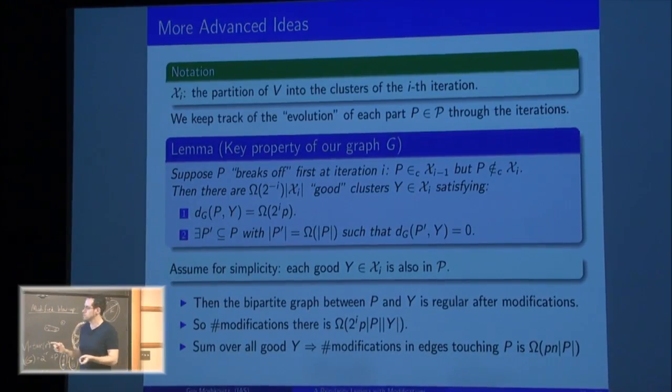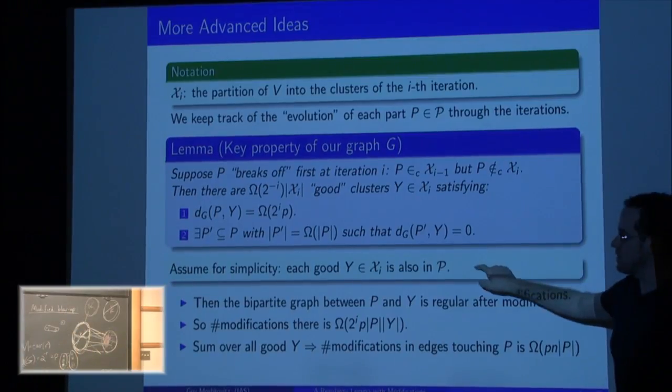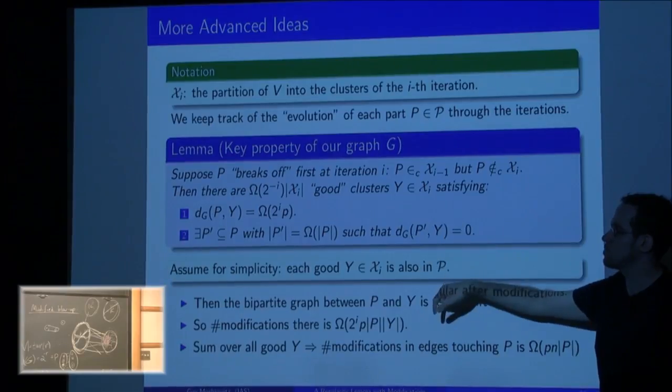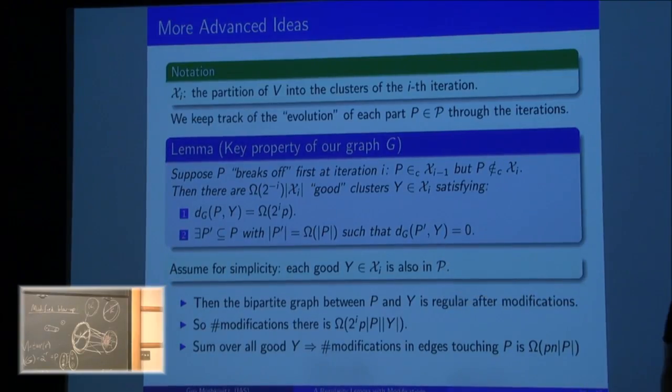Just one thing to notice is that it was a very convenient assumption to assume that those good clusters Y were parts of P. If they actually can be decomposed into parts of P, then this argument works. But it definitely might not be the case.